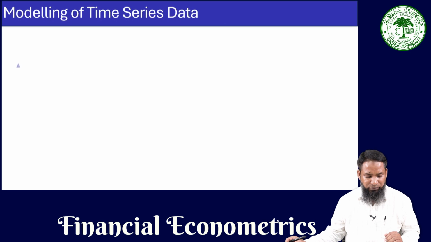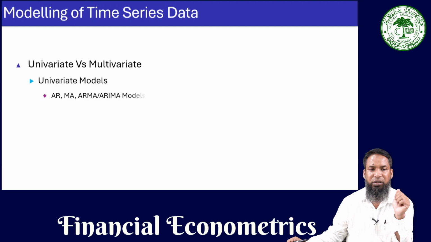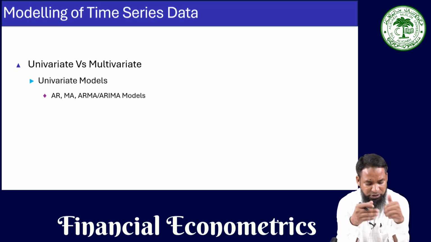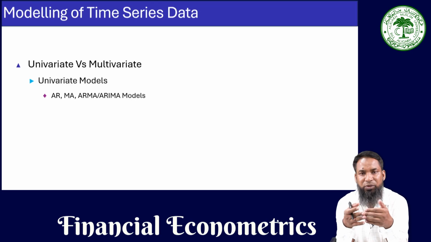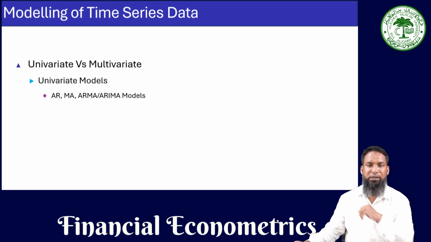Similarly, we can have the approach of univariate or multivariate. In univariate models, we use a single time series to build the model and analyze the series. For example, the autoregressive model, moving average model, the autoregressive moving average model, or another variant of this, ARIMA, which we will discuss in detail in the coming lectures, are examples of univariate models.